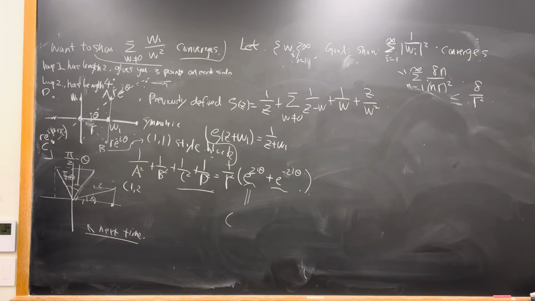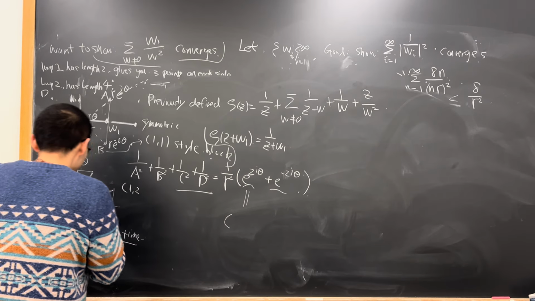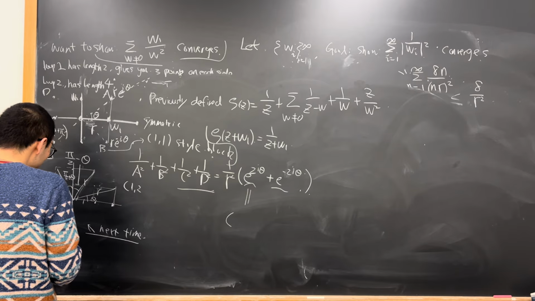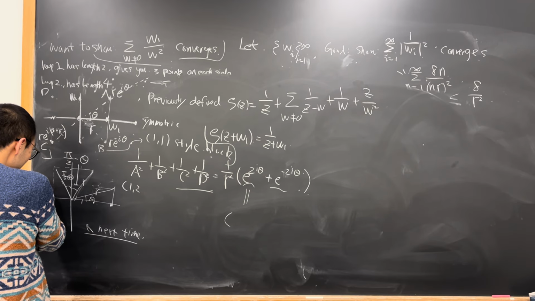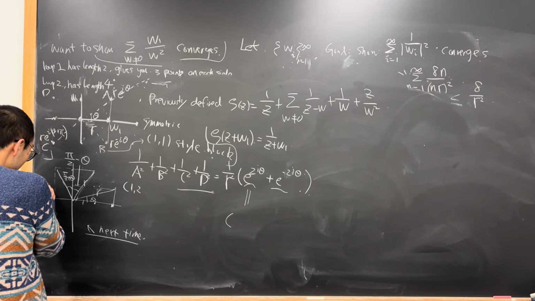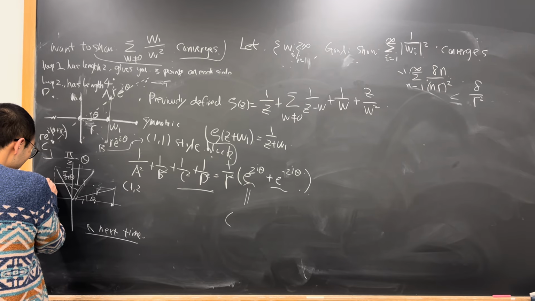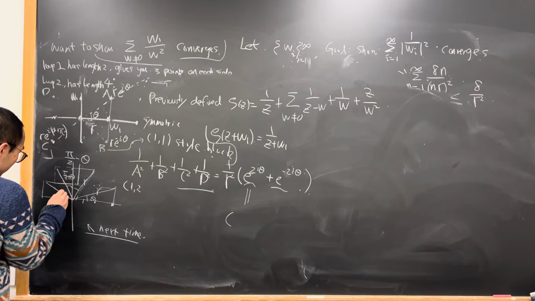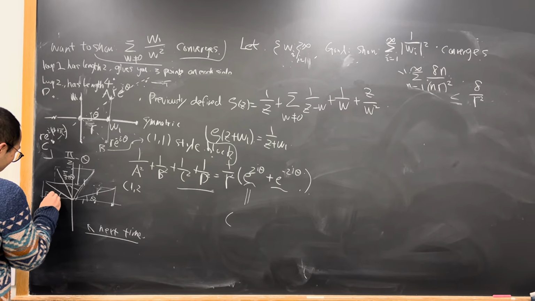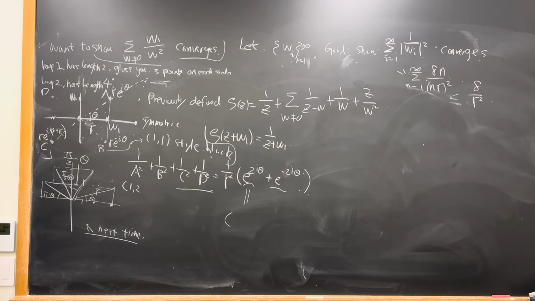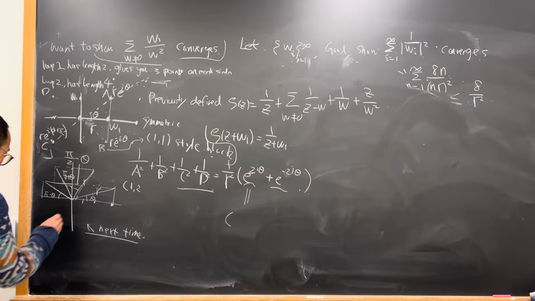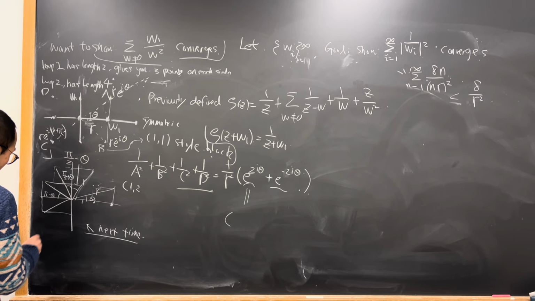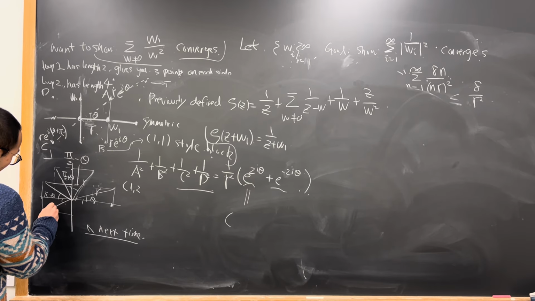Let's think about that. This is R, and then R, and then you have 8 points. So this is pi minus theta, and this is pi plus theta.